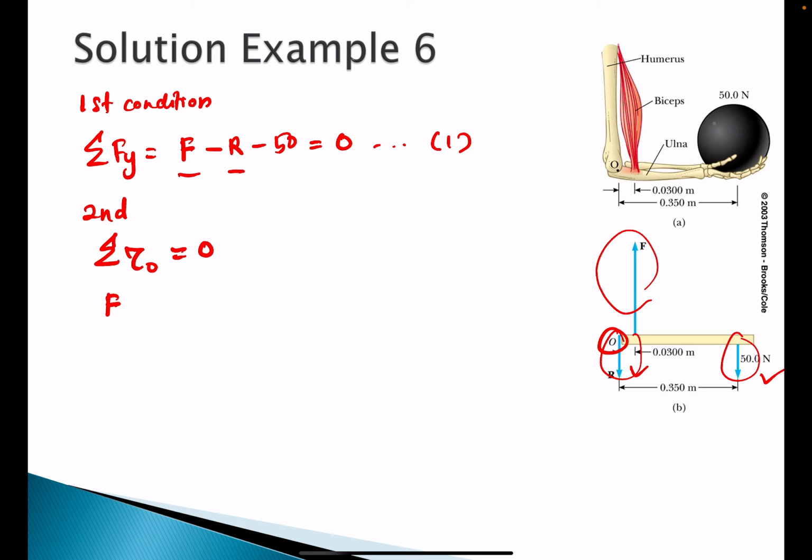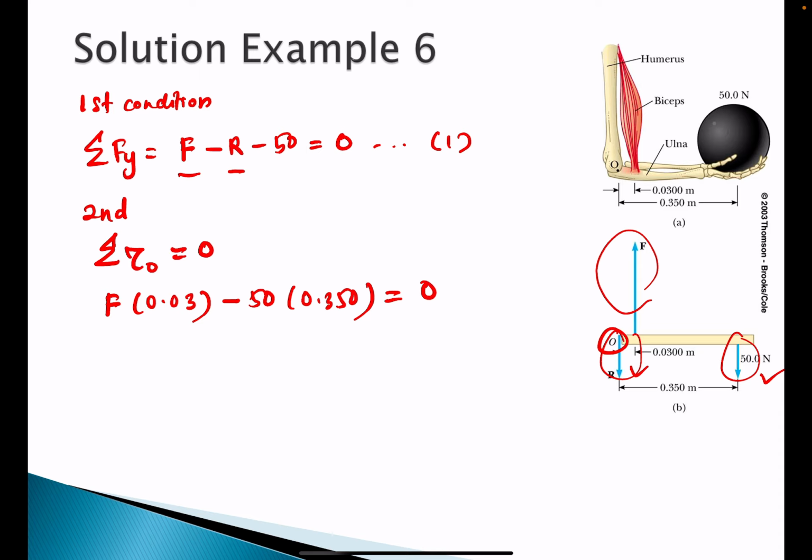So the F here is positive times 0.03 meter, and then you minus 50 times 0.350, and you get 0. R is 0 because the lever arm is of course 0.